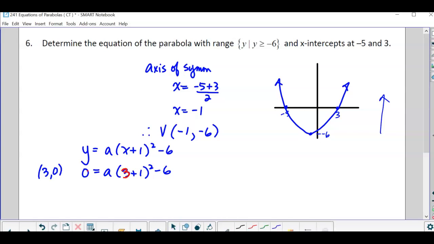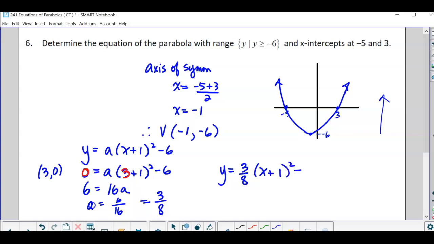So we substitute the values in. Bring the 6 over, and 4 squared is 16. So a is going to be 6 over 16, which reduces to what? 2 goes in, so 3/8. So then your equation is y equals 3/8 times (x plus 1) squared minus 6.